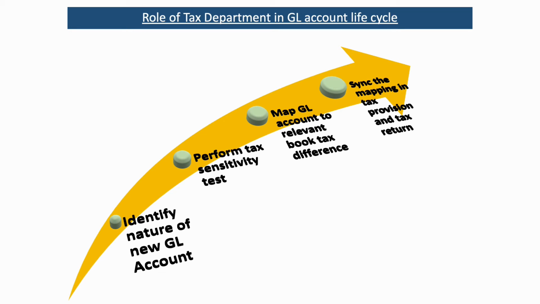So for example, if you identify that the new GL account is an interest expense and you happen to have a temporary difference for interest expense, then you should code it to the same interest expense which already exists in your work papers for provision as well as for your work papers in tax return, so that you can accurately report it for your provision and tax return purposes, and also you can easily see any return to provision differences on account of that interest item.